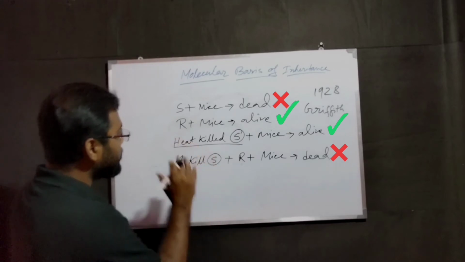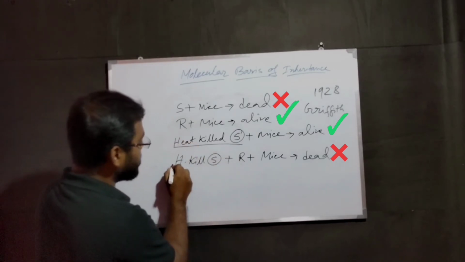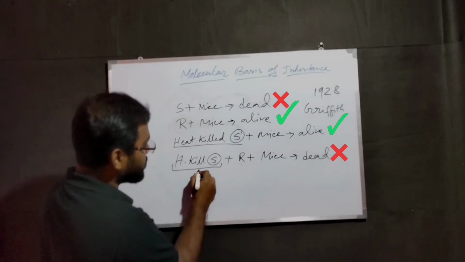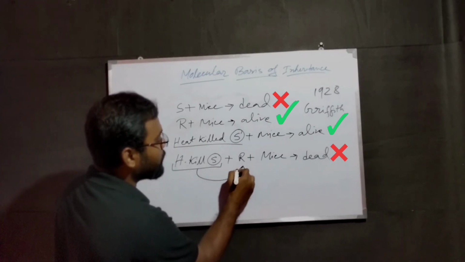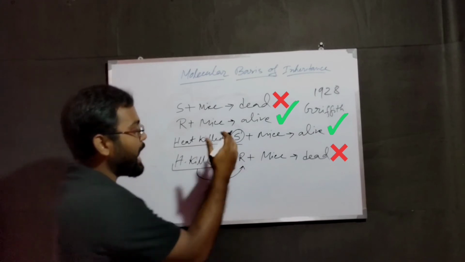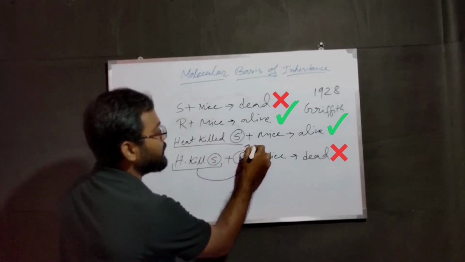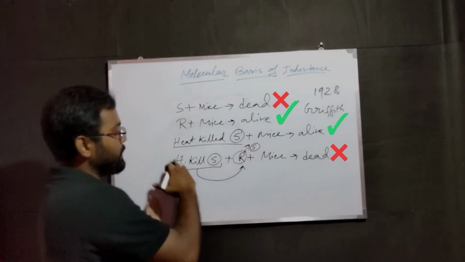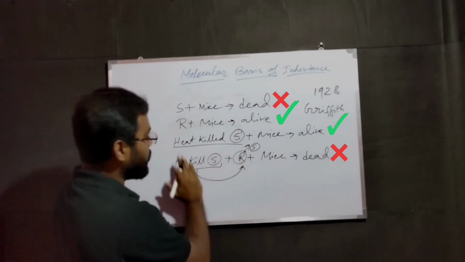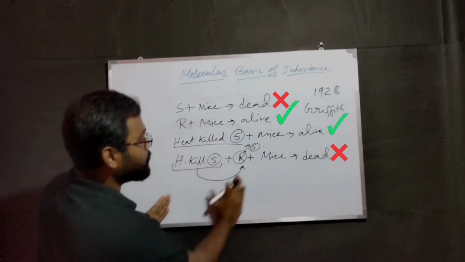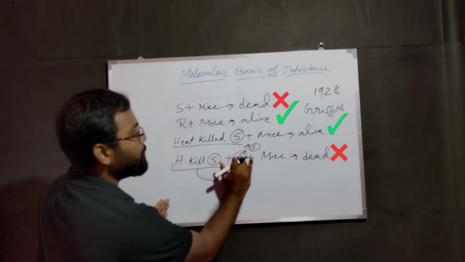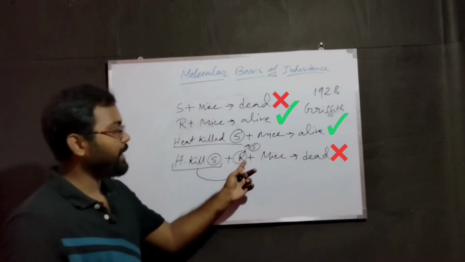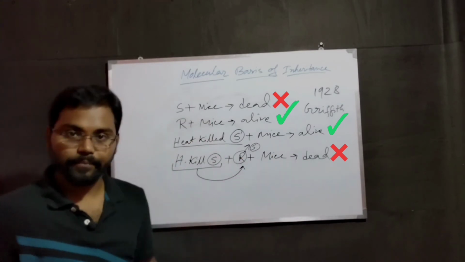That means something from the heat-killed S is transferred to R and makes it S by producing a polysaccharide coat and makes it virulent, and the mice died.